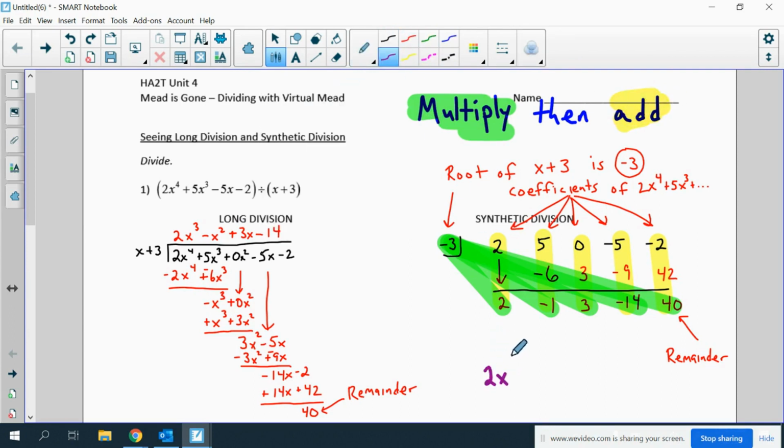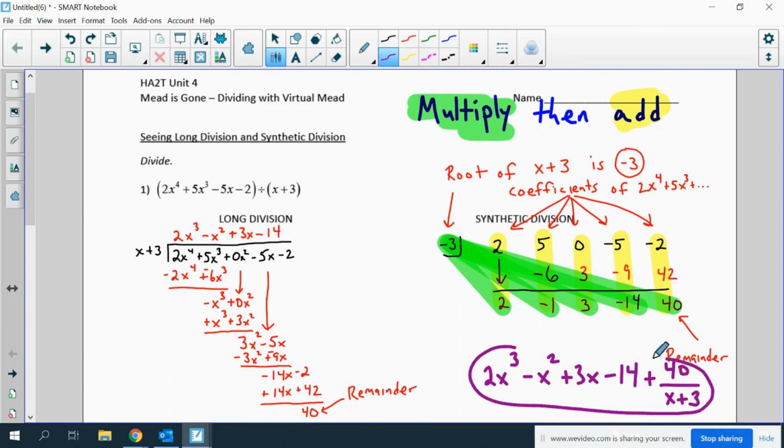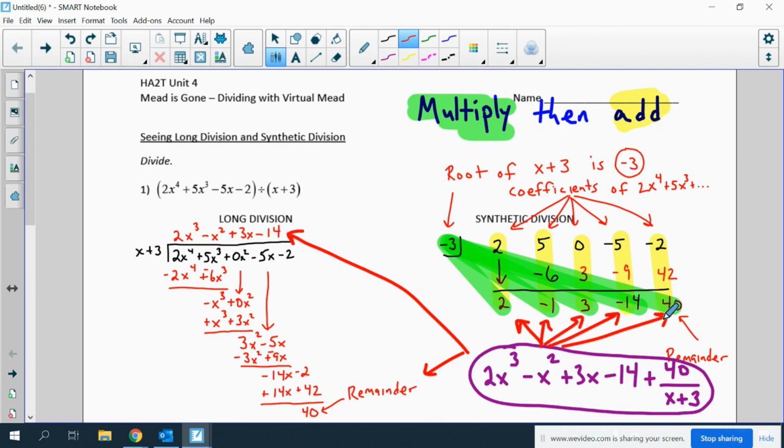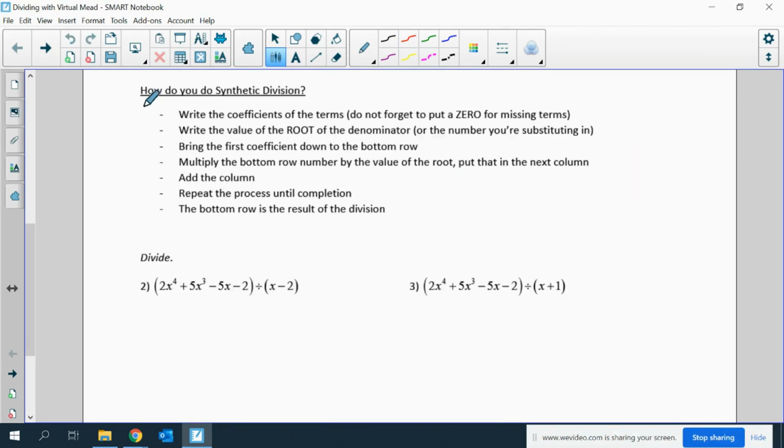I add the columns, and then eventually I get 2, -1, 3, -14, and 40. Notice that those are identical to what I had in the long division. So as you can see, the answer ends up being identical either way.